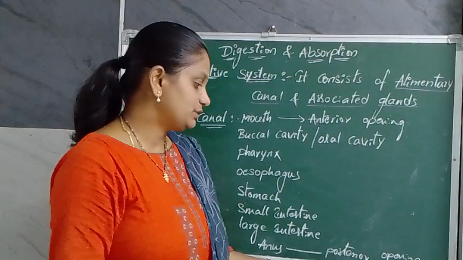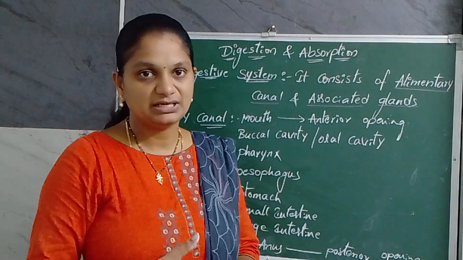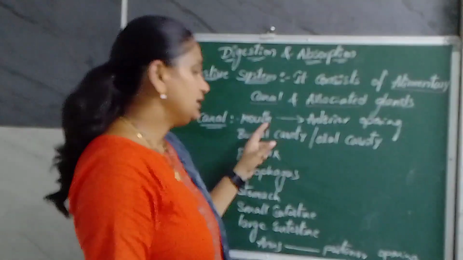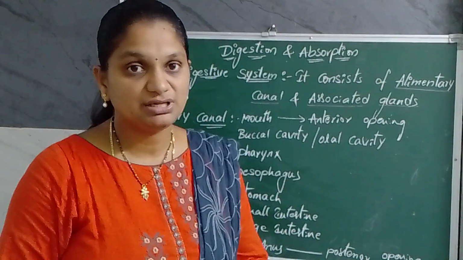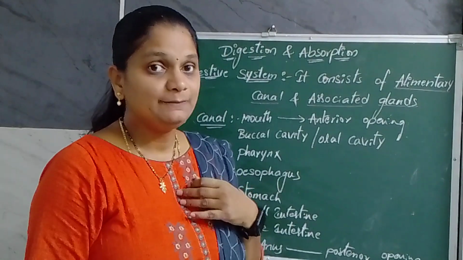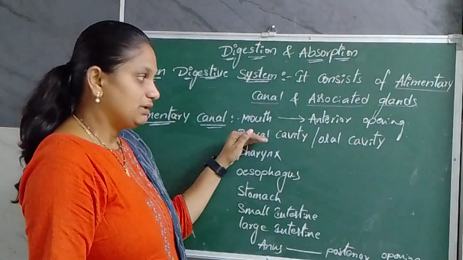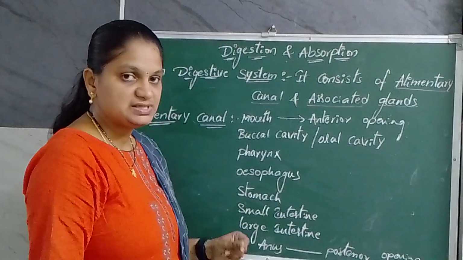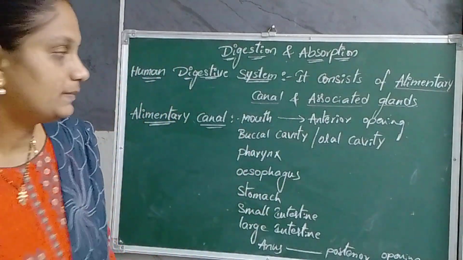As we discussed in the last video, if a digestive cavity has two openings, it is called a complete gut. Here the anterior opening of our digestive system is the mouth and the posterior opening is the anus. So we are having two openings, that is mouth and anus, and that is why ours is a complete digestive system. The structures present between mouth and anus are buccal cavity or oral cavity, pharynx, esophagus, stomach, small intestine, large intestine. Let us see the locations.